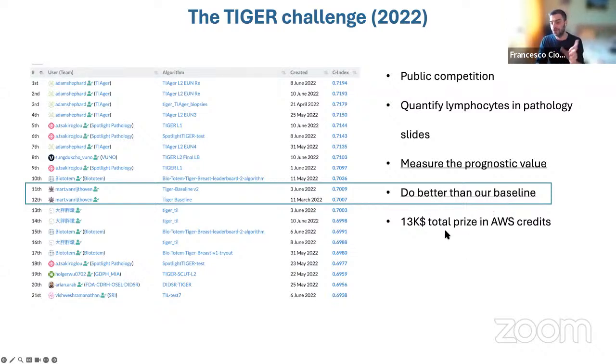And there was a small total prize, not in cash, but because this challenge was sponsored by Amazon AWS, they provided AWS credits as prize. And we had $13,000 in total, not for a single winner, but these were distributed across the top 3 of 2 phases. So it was a few thousands of dollars in credits for each winner in the top 3.